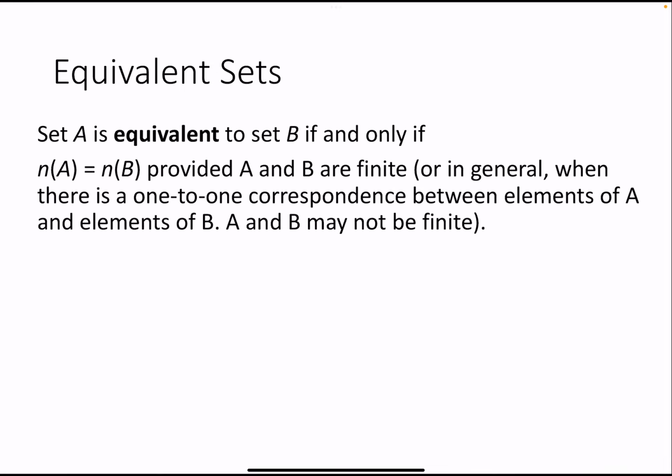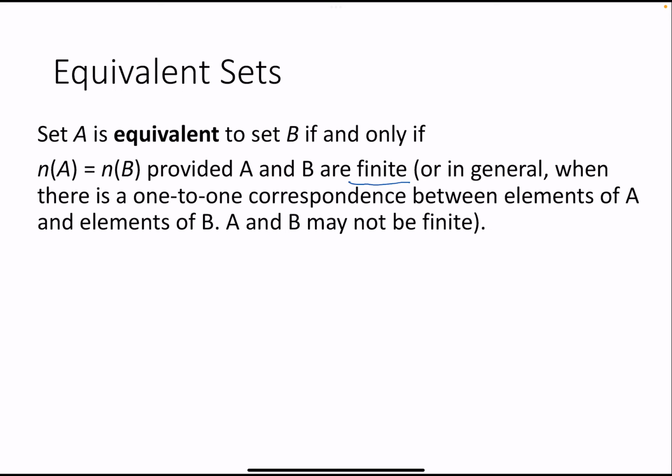Okay, so what do we mean by two sets are equivalent? This is a little bit different than two sets are equal. Two sets are equivalent if and only if they have the same cardinality. So again, for finite sets, it's easy. If both sets are finite, then the two sets are equivalent if and only if they have the same number of elements.